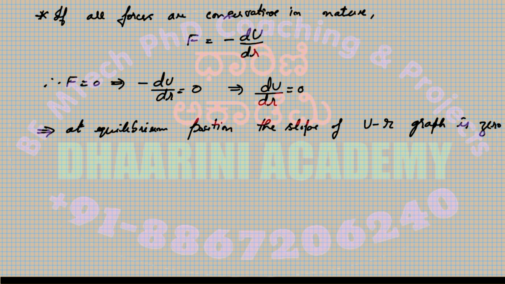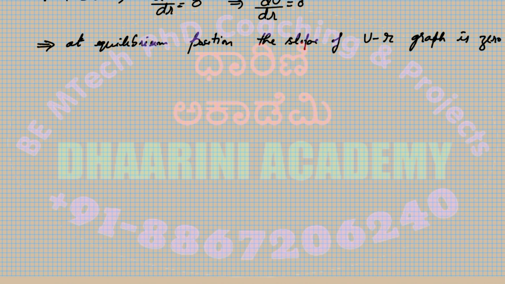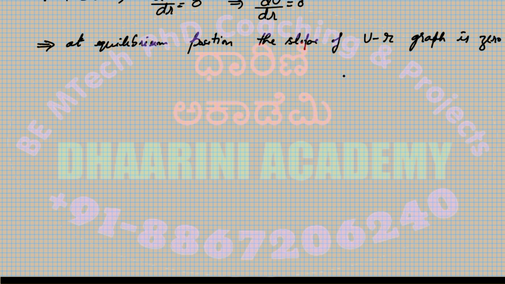Right. So now we will go back to the fundamental equation that we might have studied in mathematics. It says that you have a curve y is equal to f of x.